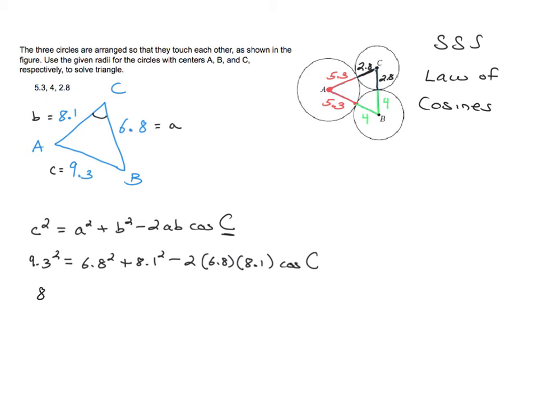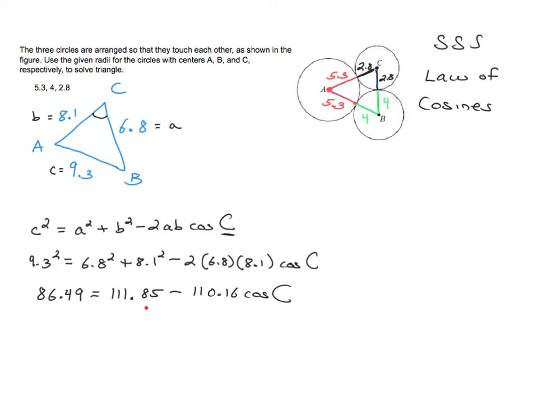We have 86.49 is equal to, 6.8 squared plus 8.1 squared is 111.85 minus 2 times 6.8 times 8.1. That's 110.16 times cosine of C.